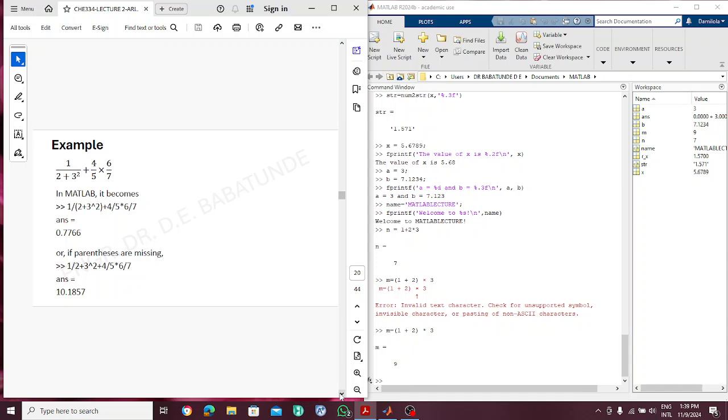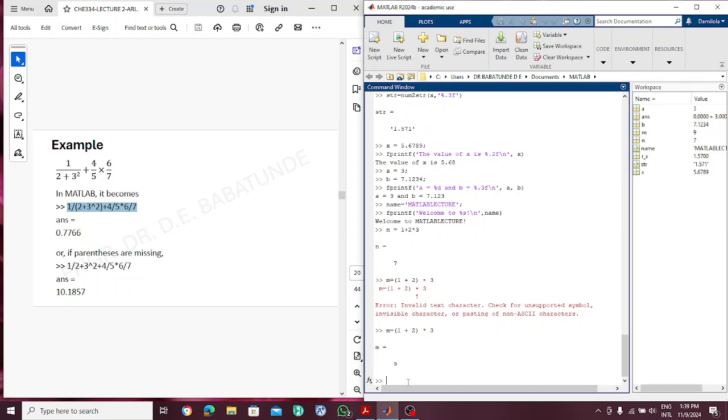so that you could compute that, get the value as an entity and use it to divide 1, even though the question does not include that parenthesis. But that's the way to put it to MATLAB, so that MATLAB understands exactly what you want it to do. Okay, so every other thing is the way it is, plus 4 over 5 times 6 over 7.